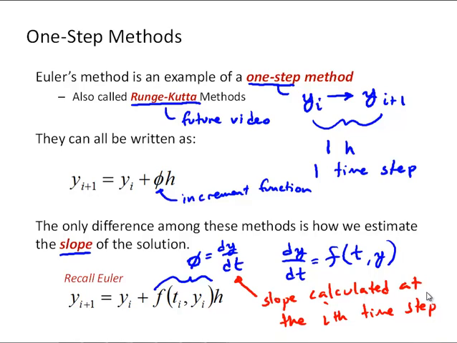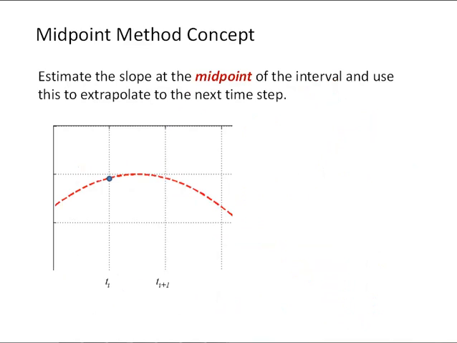So the midpoint method that we'll look at next just gives us an alternative approach to calculating that increment function. So let's look at the midpoint method. The basic concept here is to estimate the slope at the midpoint of the interval and use this to extrapolate to the next time step.